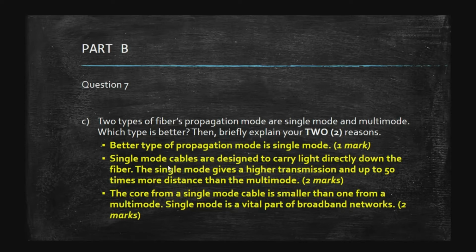Single mode gives a higher transmission and up to 50 times more distance than the multi mode. The core of a single mode cable is smaller than that of a multi mode, and you can refer to the diagram. Single mode is a vital part of broadband networks. So it's faster when they transmit the data.